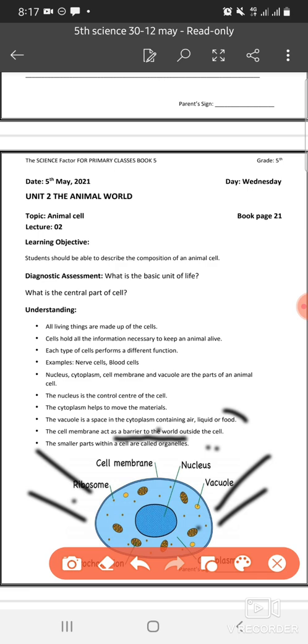Okay, it is specified, it will allow only the specified things to come inside from the cell membrane.